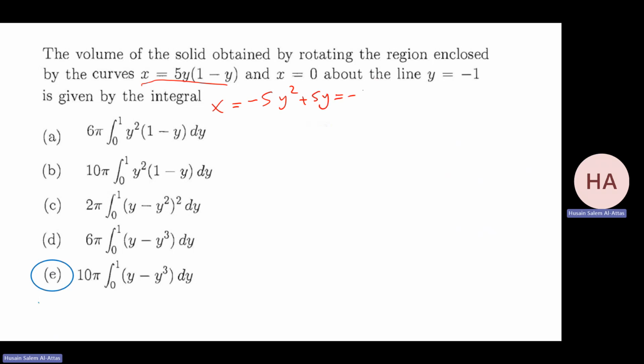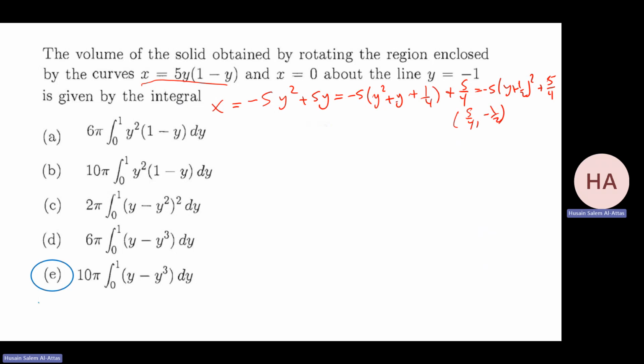I take minus 5 as common factor. So I have y squared minus y plus the square of half the coefficient, 1 over 4. Multiplied by minus 5 over 4, I add 5 over 4. That will be minus 5 times y minus half squared plus 5 over 4.